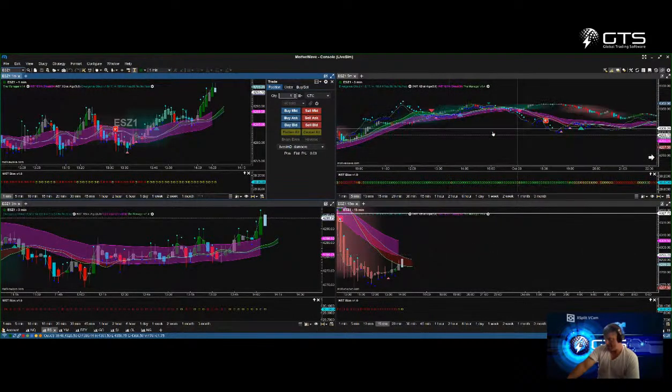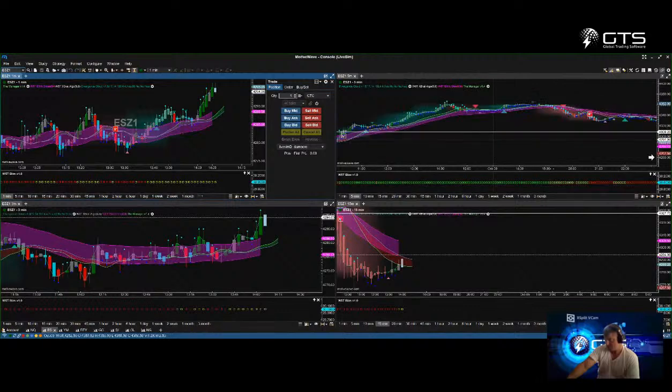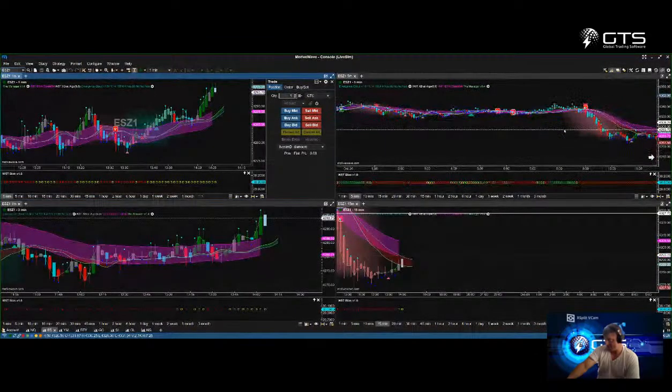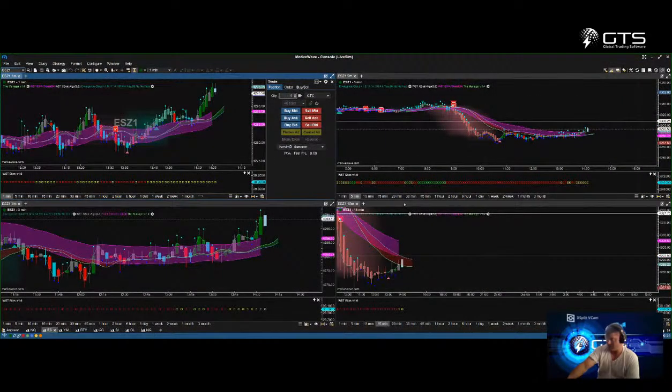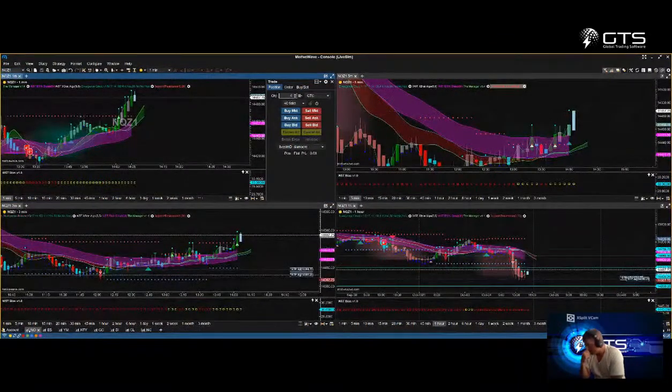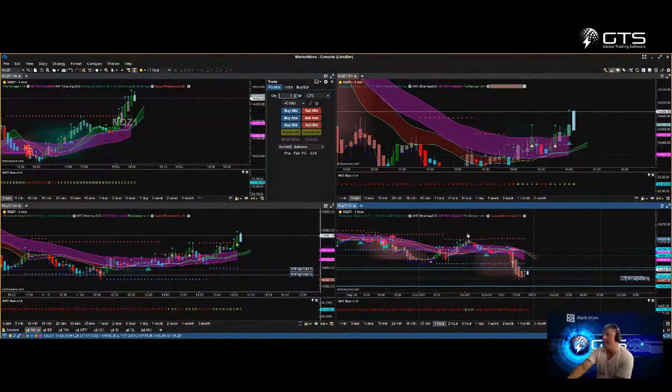was a prominent level going into this. I feel like it's going to be a prominent level to get through again on the upside. Oh wait, this is a 1 hour. Why did I do that? I am a cubehead.